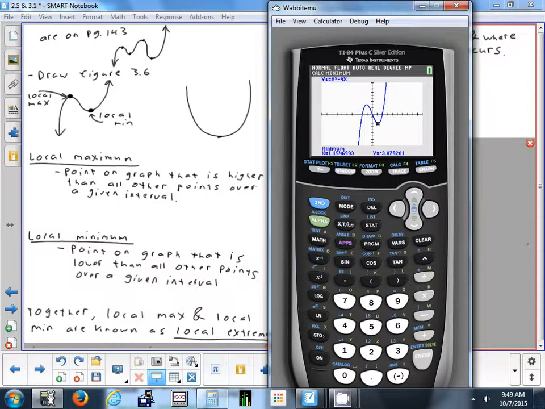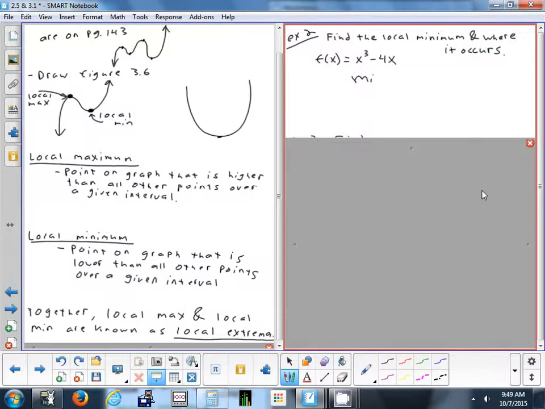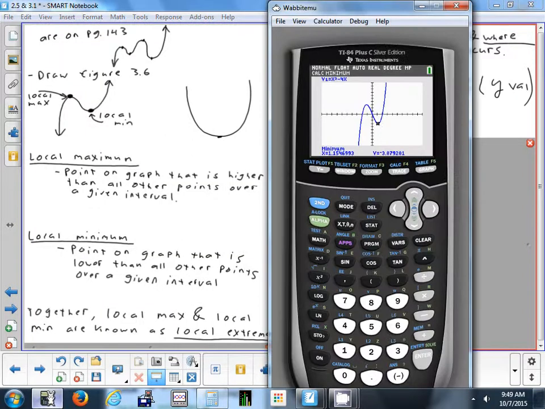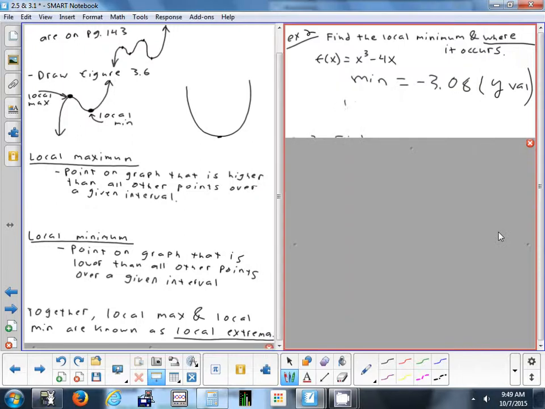So the local minimum is negative 3.08. The minimum, that's the y value. Where it occurs, that's the x value. When x is 1.15, that gives me y, which is negative 3.08. So that's important.